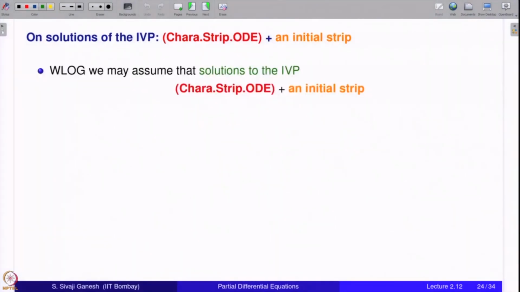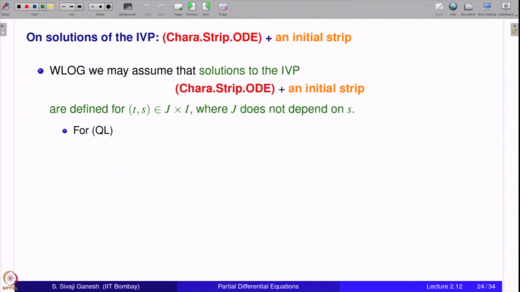So, on solutions of the initial value problem, that is the characteristic strip ODE plus an initial strip, we want to solve this initial value problem. Without loss of generality, we may assume that the solutions to the initial value problem, given by the characteristic strip ODE with initial conditions given by the initial strip, are defined for t, s in J cross I, where J does not depend on s.